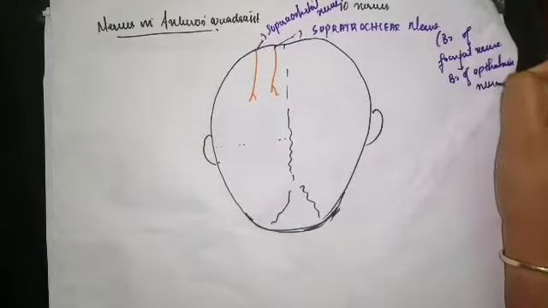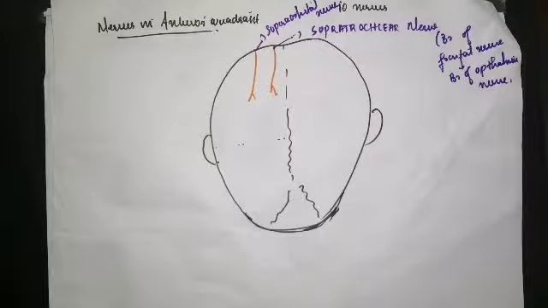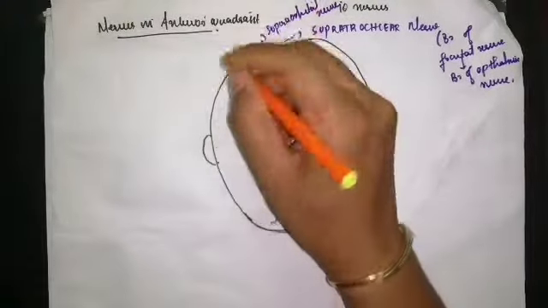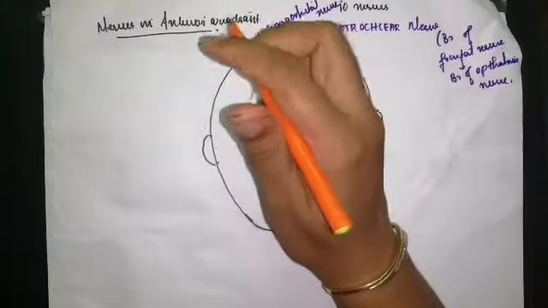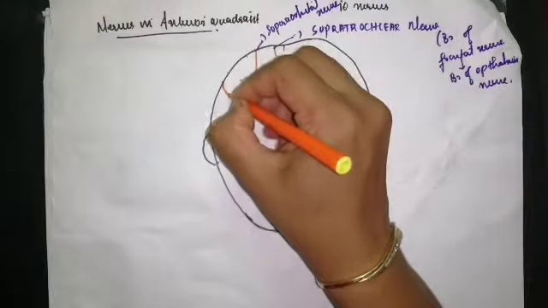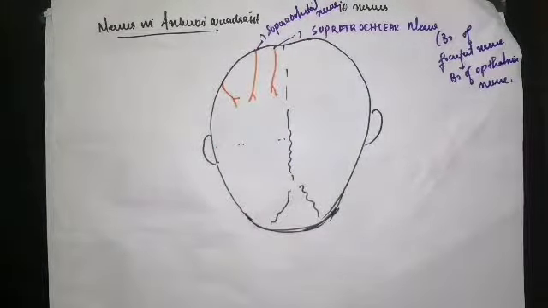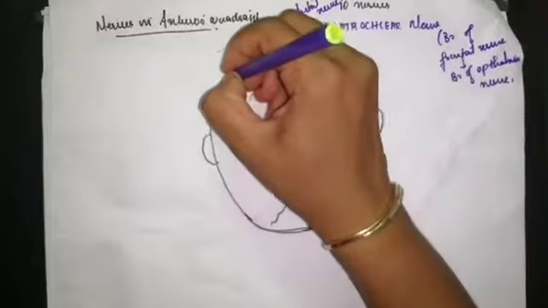So now we'll go a little posteriorly. On the temporal region, you have the zygomatico-temporal nerve here. So that is the zygomatico-temporal nerve.